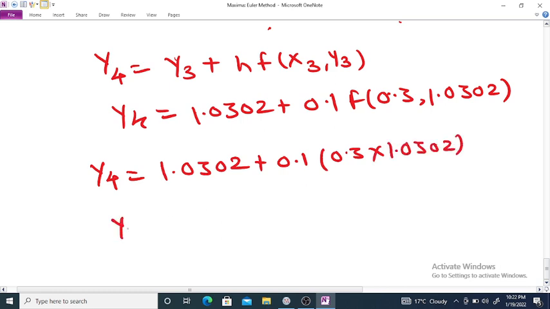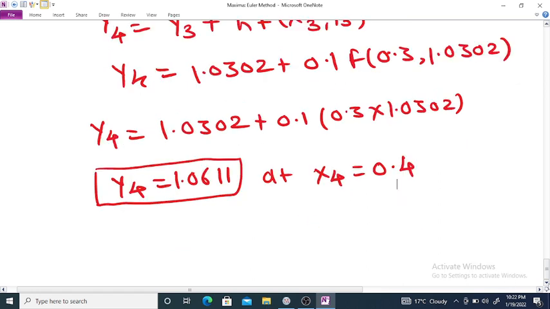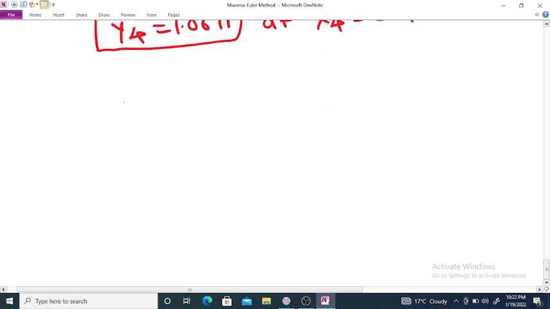If we simplify this, we get y4 equal to 1.0611. This is the value of y at x4, which is equal to 0.4. In other words, y of 0.4 is equal to 1.0611.